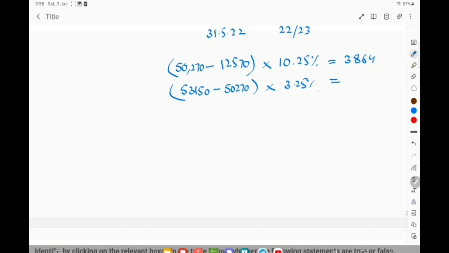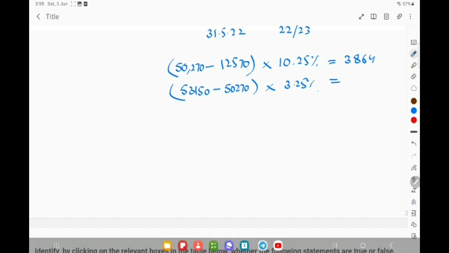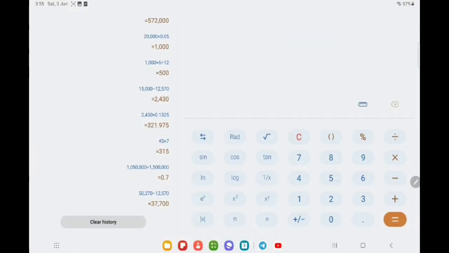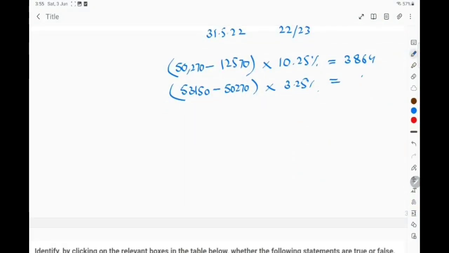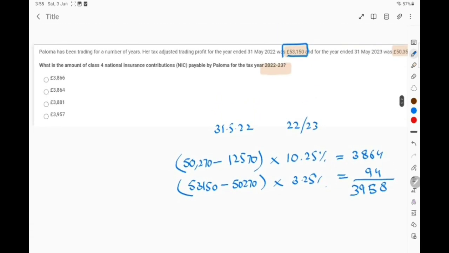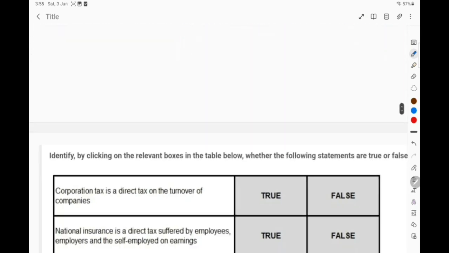Then 53,150 minus 50,270, and 3.25% of this will be 94. So in total it would be 3,958 approximately. So D will be your answer.